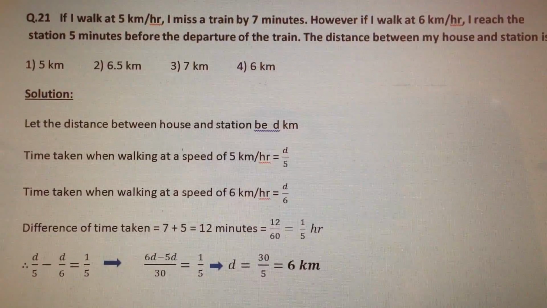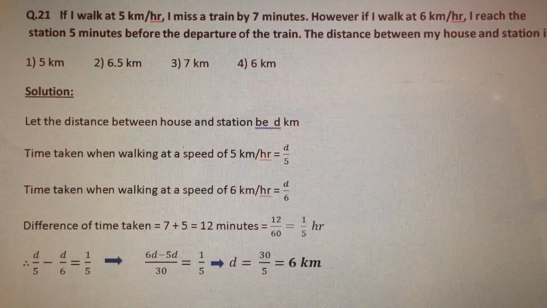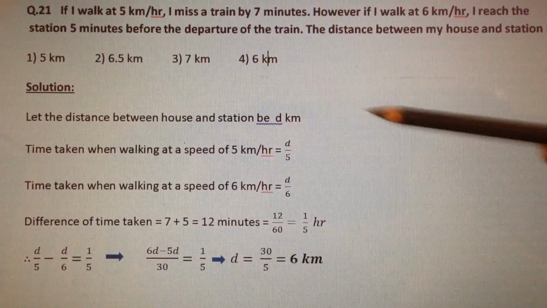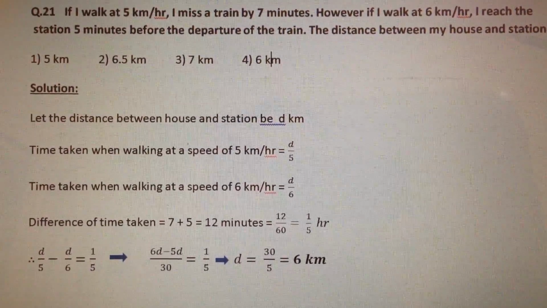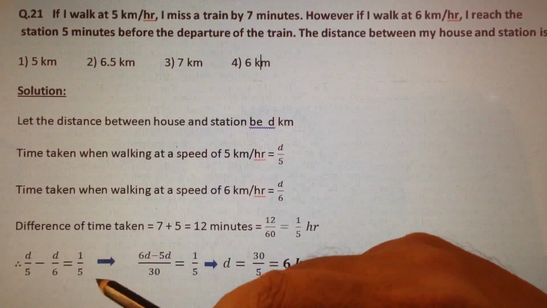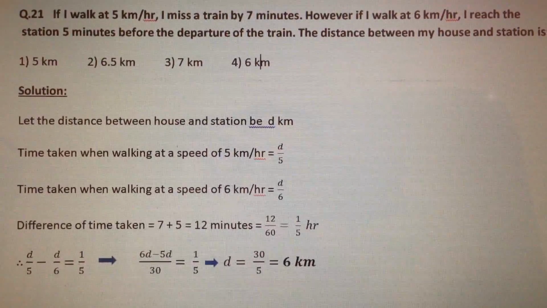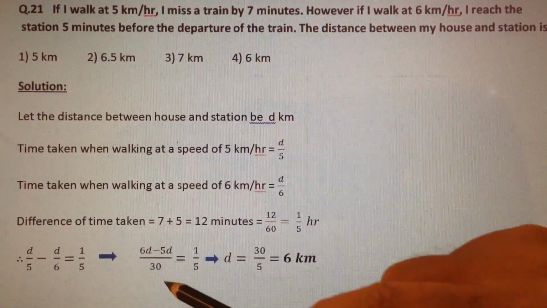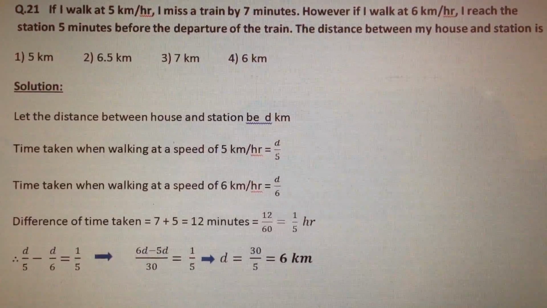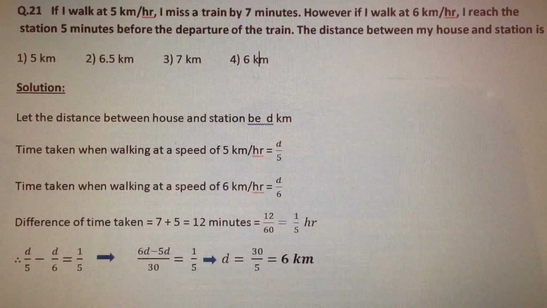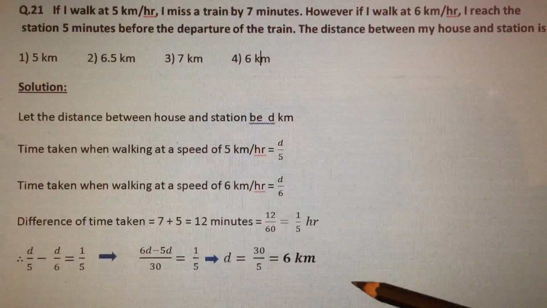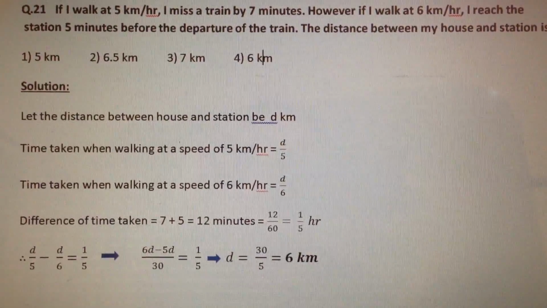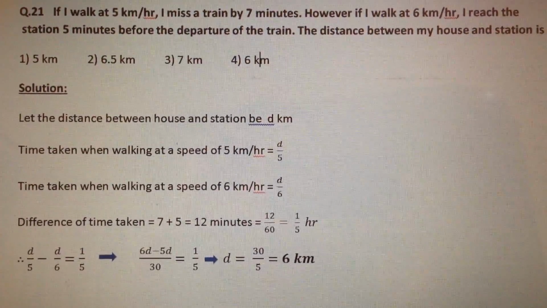Actually, the difference of time is d by 5 minus d by 6. So d by 5 minus d by 6 is equal to 1 by 5. 6d minus 5d by 30 is equal to 1 by 5. Therefore, d is equal to 30 by 5, which is equal to 6 kilometers. So our answer is option number 4.